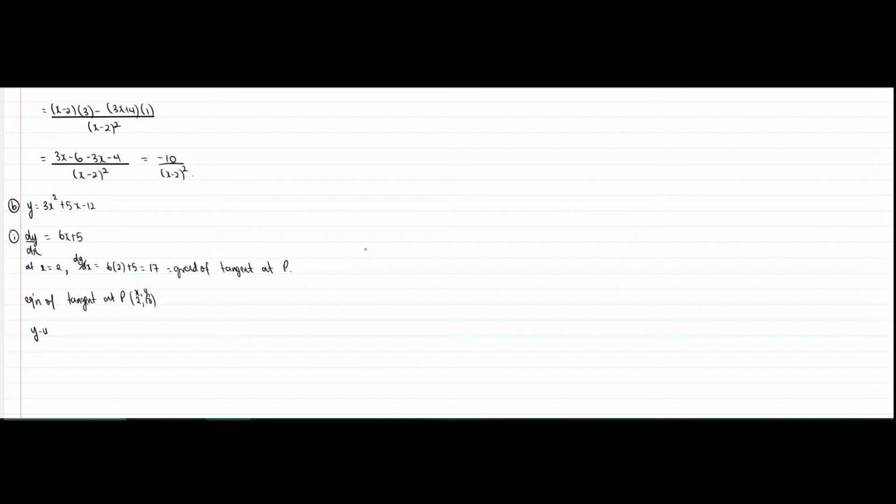It'll be y minus y1 is equal to m times x minus x1. So y minus 10 is 17 times x minus 2.